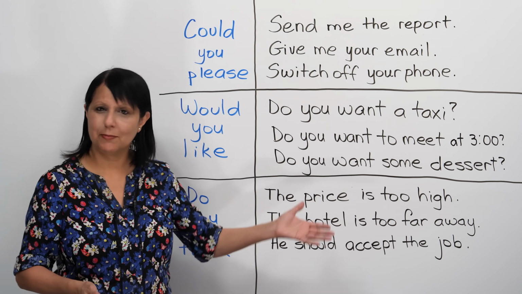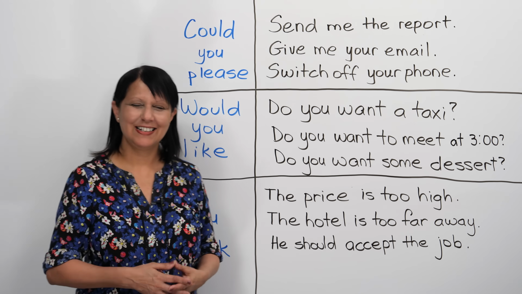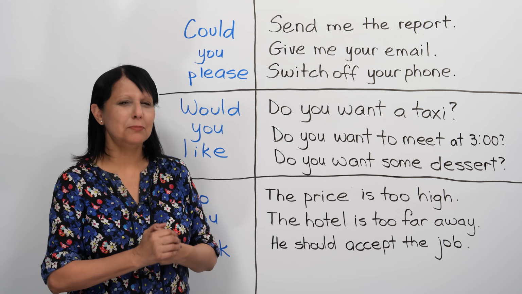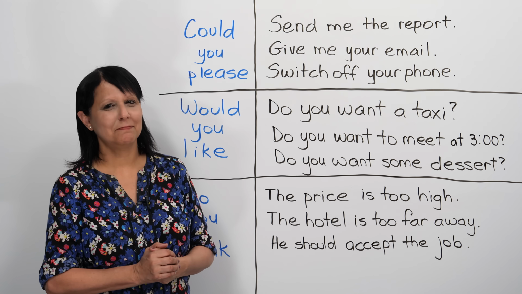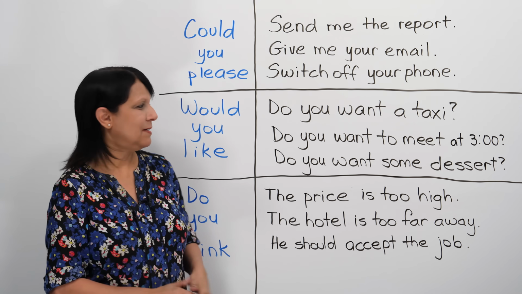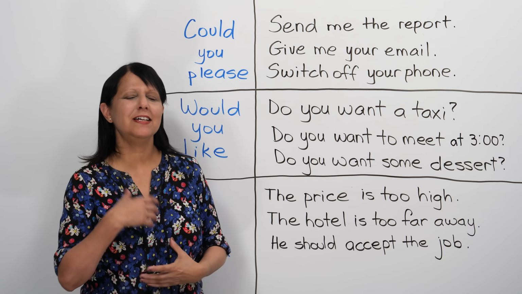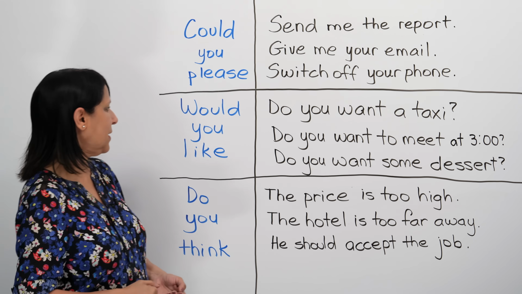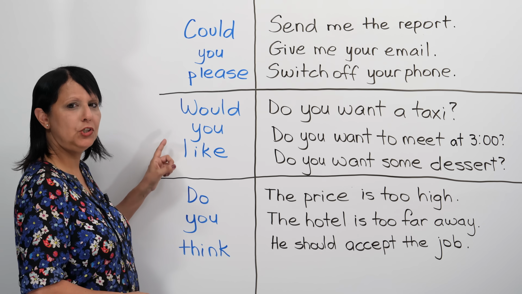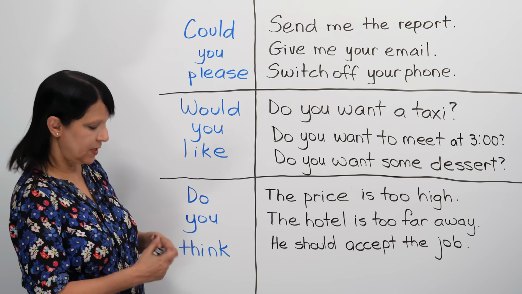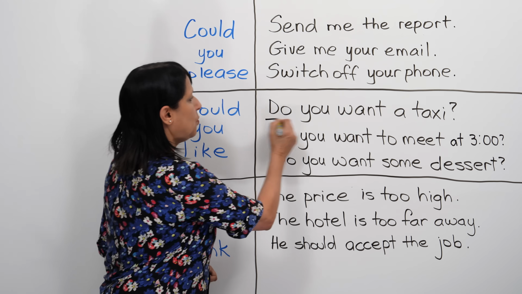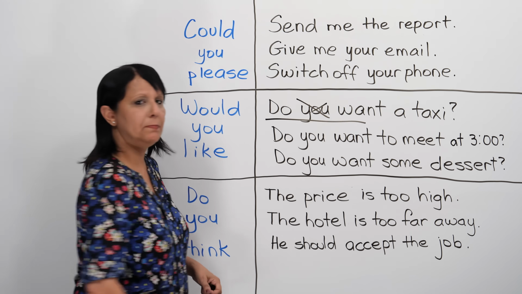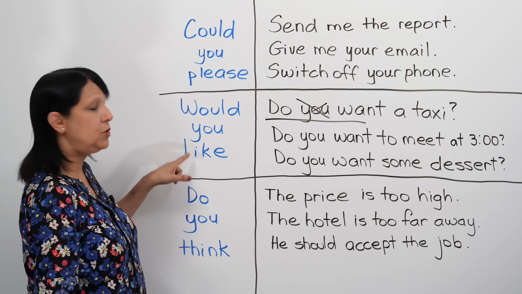Grammatically, no. The grammar is correct. Okay? But can we improve on them? Definitely. Okay? Why? Because do you want is not the best way to express something. A much better way is to say, would you like? So instead of saying, do you want? Okay, replace it with, would you like?